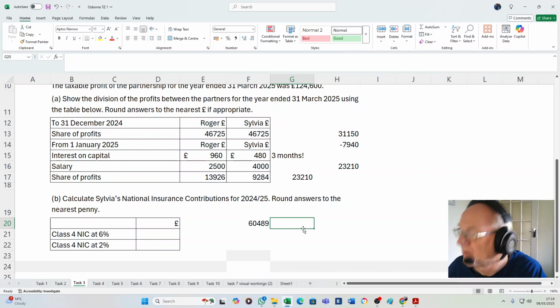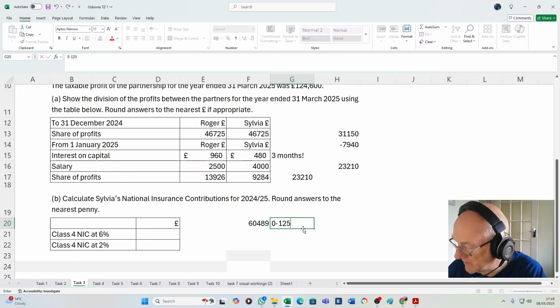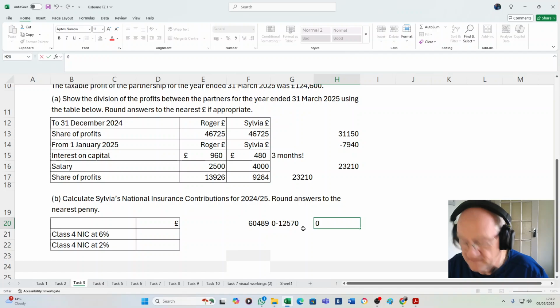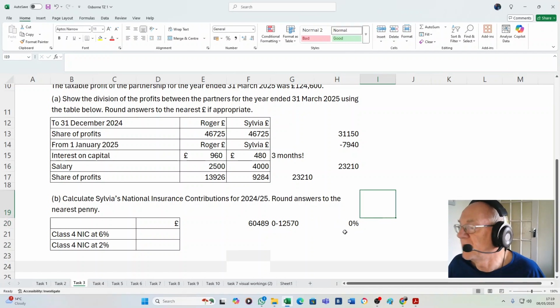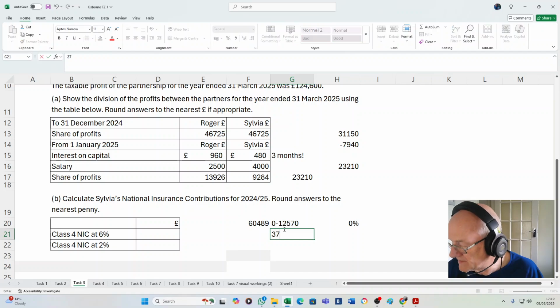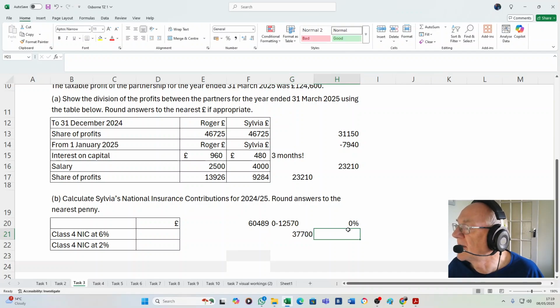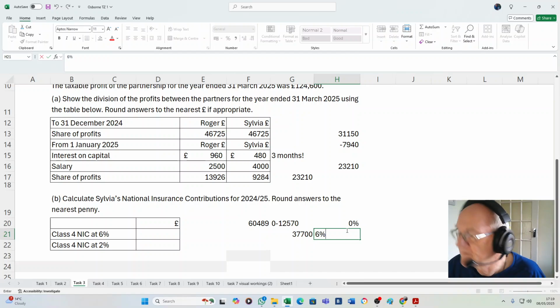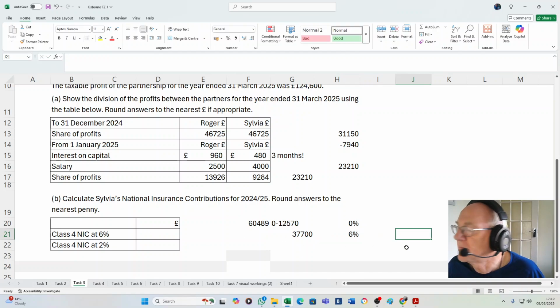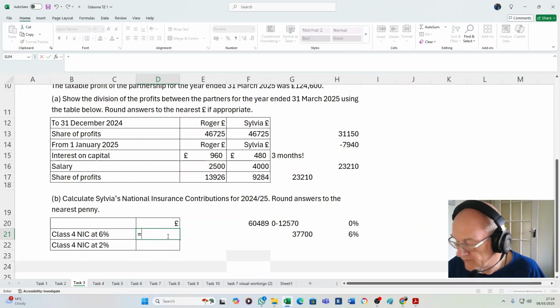That looks better. So what we know is that 0 to 12,570 is 0%. That's in the reference material. We've got 37,700 at 6%. Put that one in.